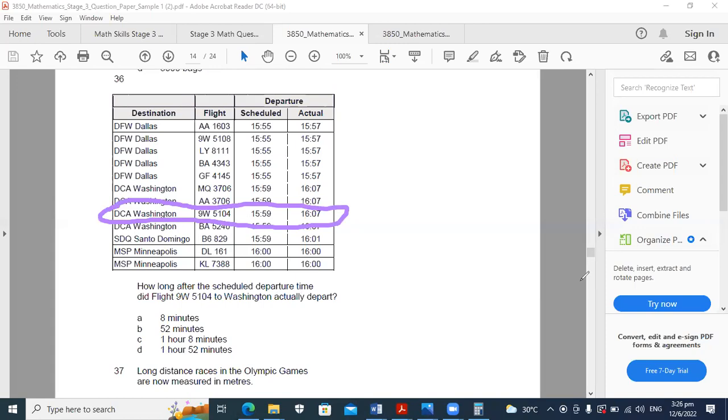So it says, how long after the scheduled departure time did the flight to Washington actually depart?